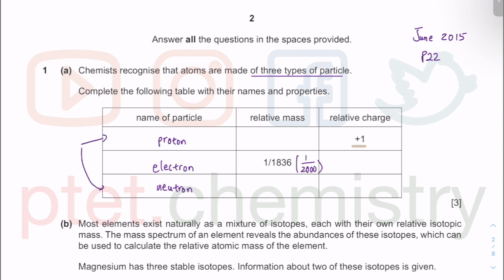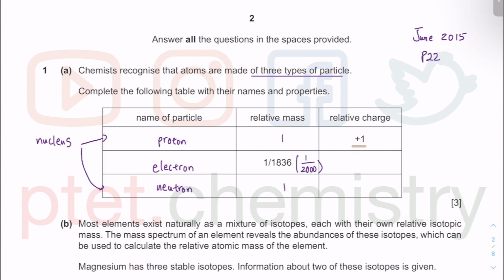So the protons and the neutrons, they are in the nucleus of an atom, and since they are the heavy ones, the number of protons and the number of neutrons would therefore give you the nucleon number, and that is also the same as mass number, having discounted the mass of electron, which is much lighter compared to the mass of protons and neutrons, which are equal, and which is why the ratio of their masses is going to be 1:1, since they both have the same mass, and electron is the one that's much lighter.